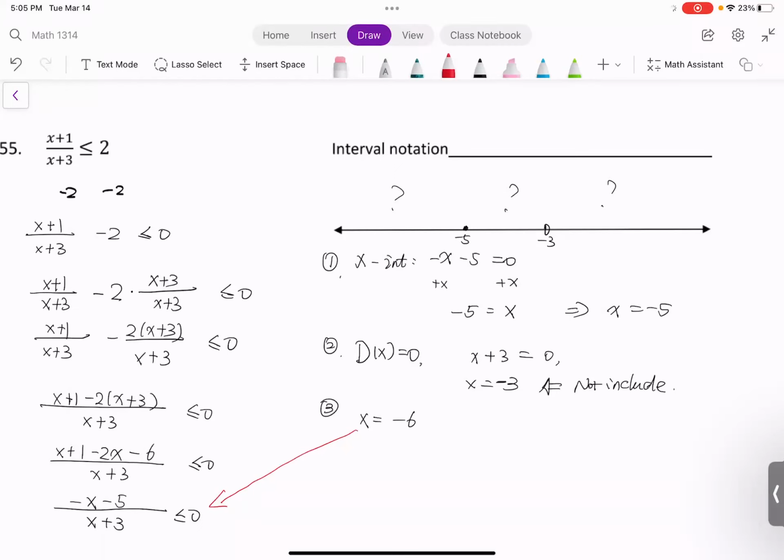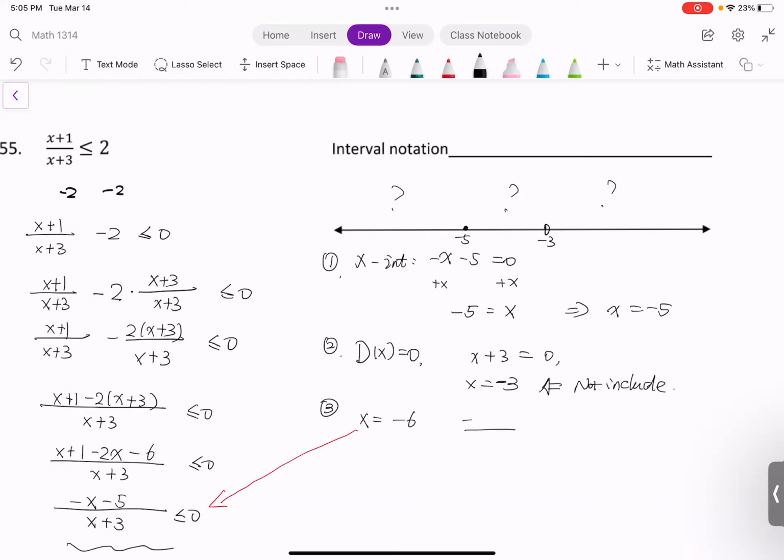If you are choosing this, you must make sure the x makes the inequality true. So let's plug it into this inequality.